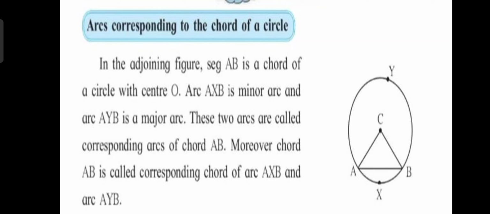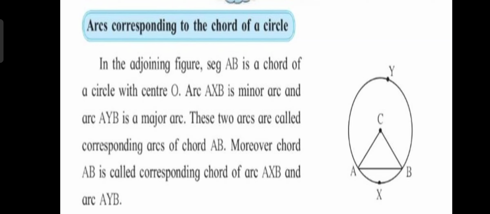In the adjoining figure, you can see that segment AB is the chord of the circle with center C. Arc AXB is a minor arc because it is less than 180 degrees, whereas arc AYB is a very big arc, which is more than 180 degrees. These two arcs are called the corresponding arcs of the chord AB.